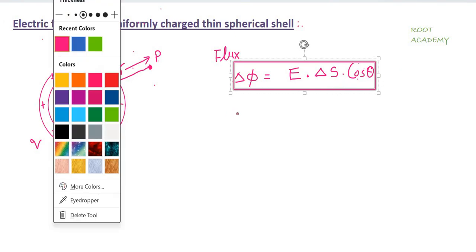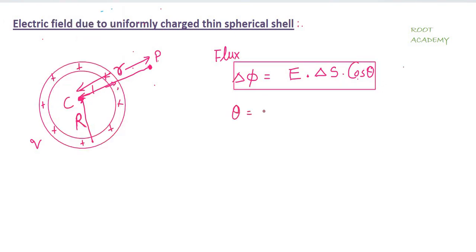Here we know that theta is 0 degrees. Why? Because the electric field intensity on this surface will be outward, and the E vector is always perpendicular to the surface.